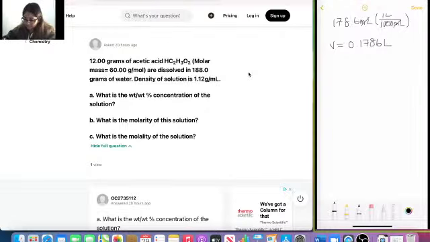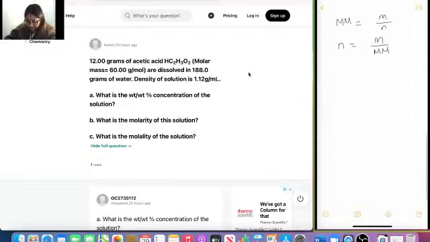Recall that molar mass is equal to grams per mole, so moles is equal to mass over molar mass, and we're given both for acetic acid.